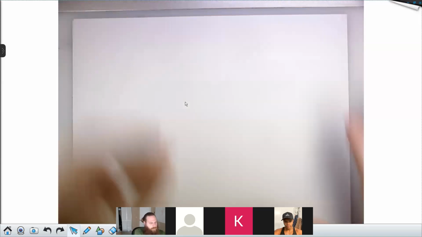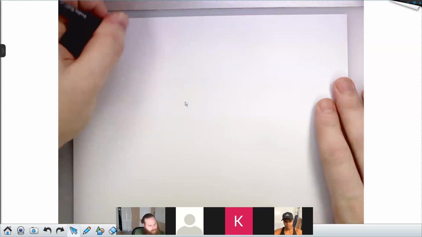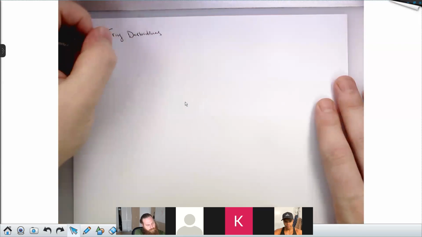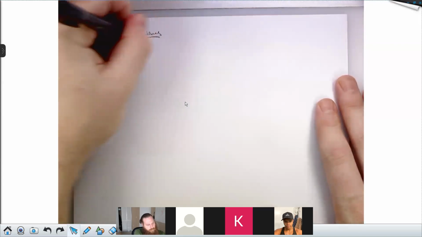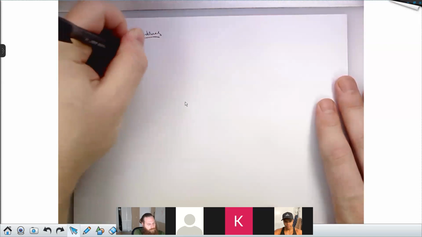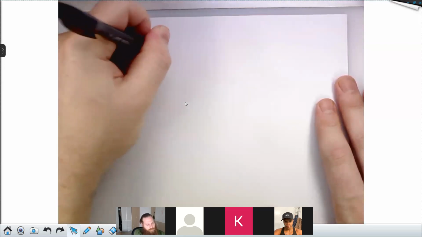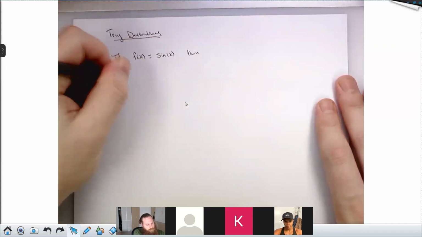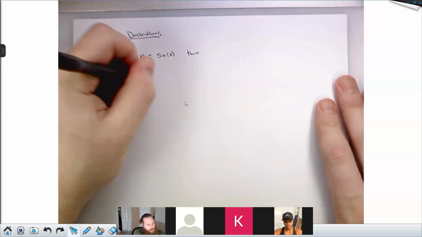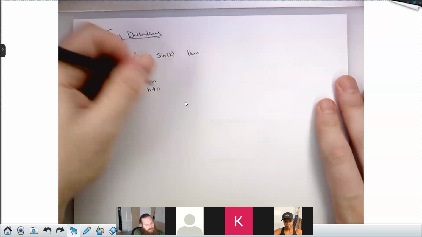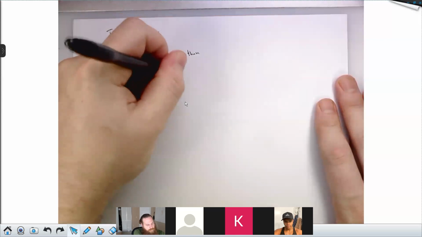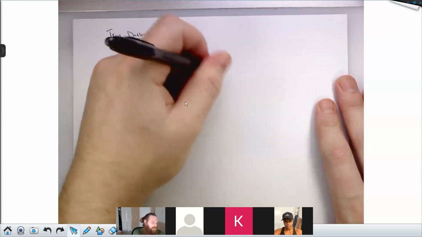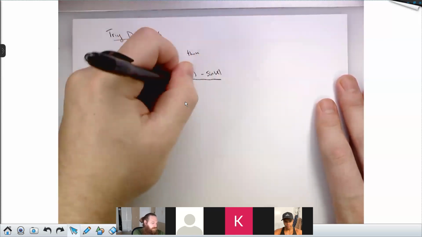If I wanted to cook up the derivative of sine, f of x is sine x, then f prime of x would be the limit as h goes to 0 of the sine of x plus h minus the sine of x, all over h.